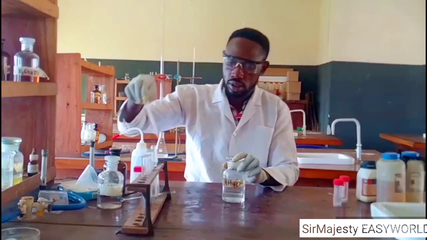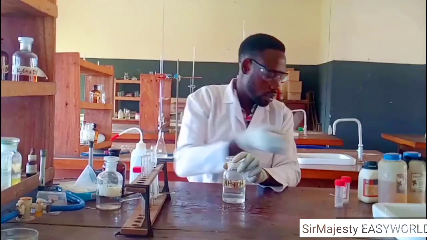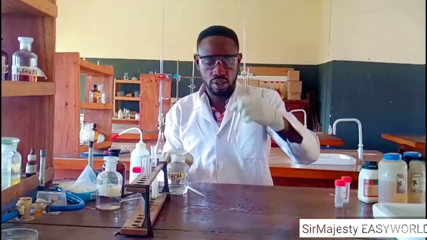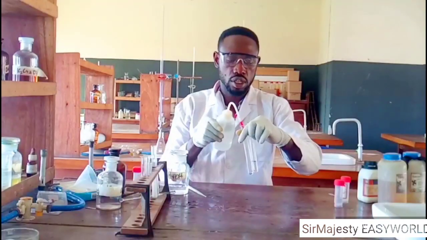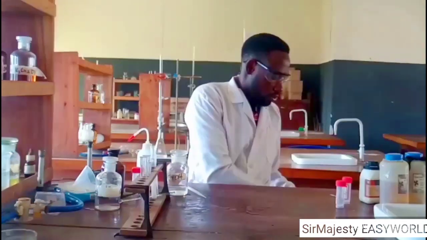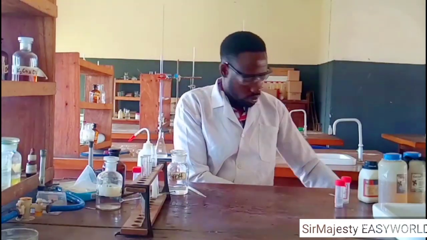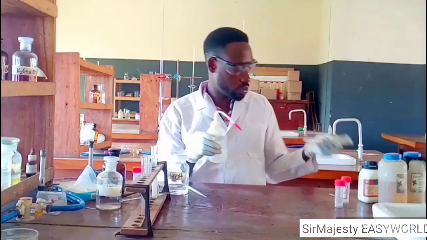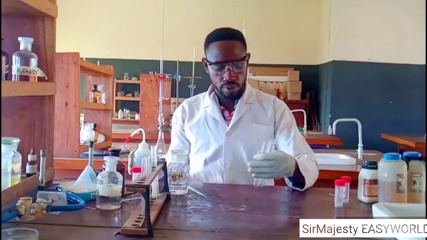I have my two new sets of test tubes. Remember to wash the test tubes well to avoid contamination. Use your test tube brush. I have one over there, but I washed it before I started this video.